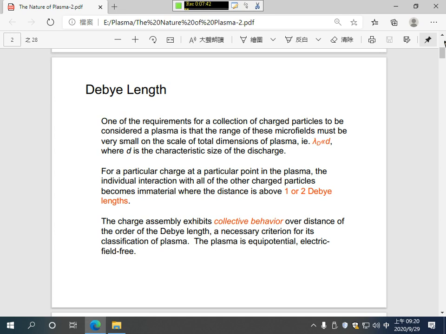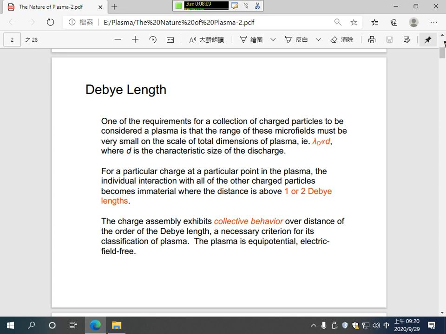The size must be larger than one or two Debye lengths. But if the size is smaller than one or two Debye lengths, those particles will interact, the individual charged particles.